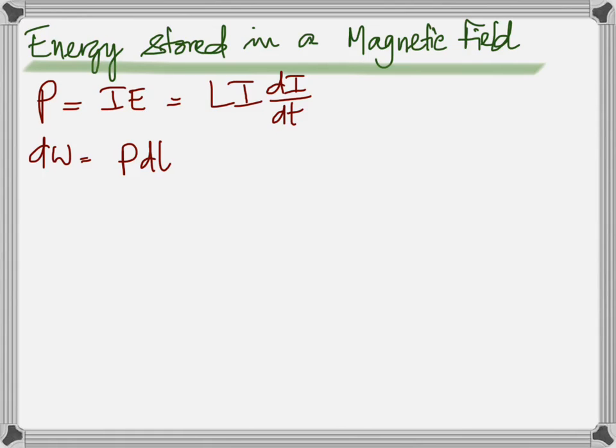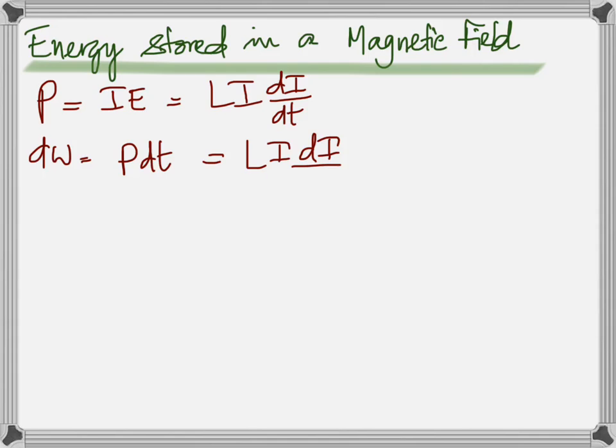And how do you go from power to work? It means integrate, right? In this case, power is dW by dt, correct? So dW will be integral P dt. So that's what I'm doing here. Work is power multiplied by time, so you just got to write that down.